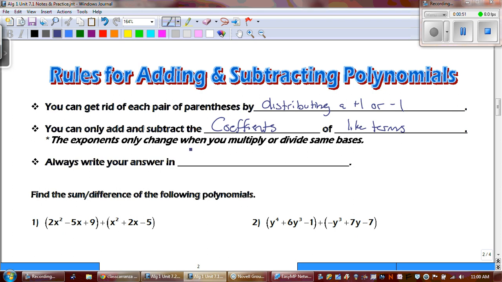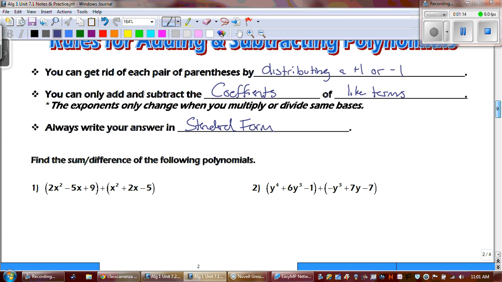And then finally, always write your answer in standard form. With these problems, you can see they've all got parentheses. We need to distribute first and then add and subtract the coefficients of like terms. And then always make sure that our answers are in standard form.